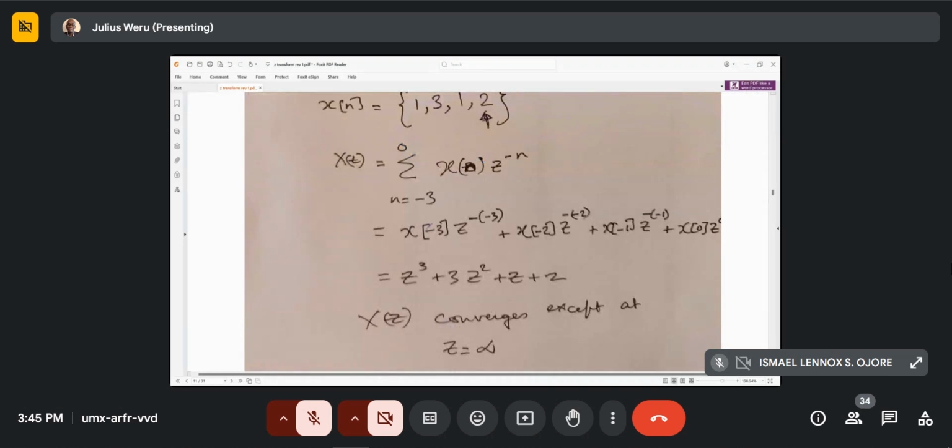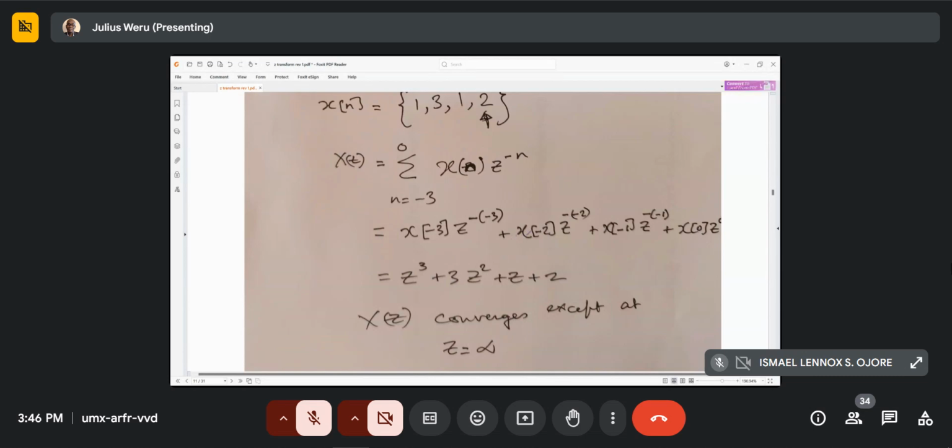If we replace n, the first one is x[-3], which is 1, times z to the power of minus n. n is minus 3, so this becomes z to the power of 3.